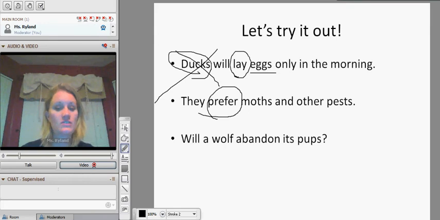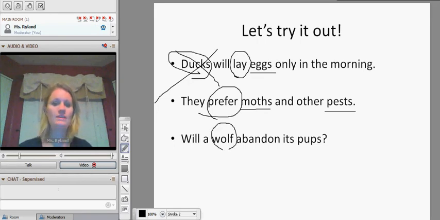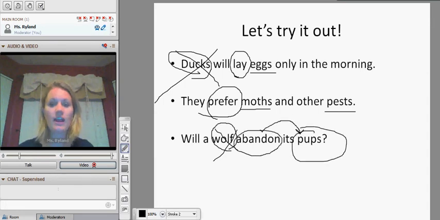This one actually has two direct objects, moths and other pests, because it's listing something. Will a wolf abandon its pups? I think it's wolf. Am I right or wrong? I hope you said I'm wrong, because look, here's our action verb. So, right there, there's our direct object. Are you with me so far? If not, go ahead and pause and rewind that and see how I did that.